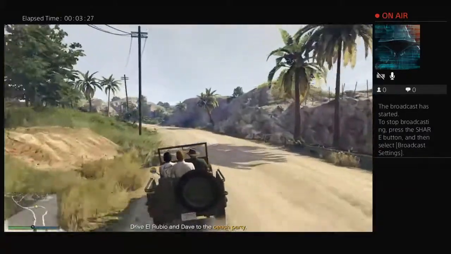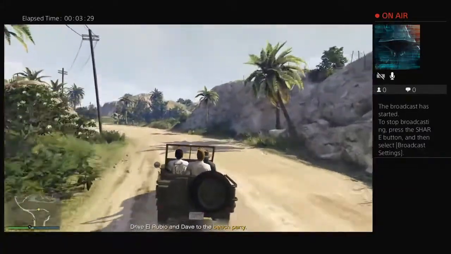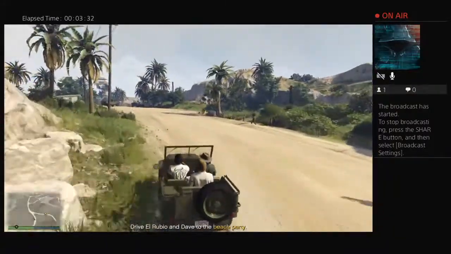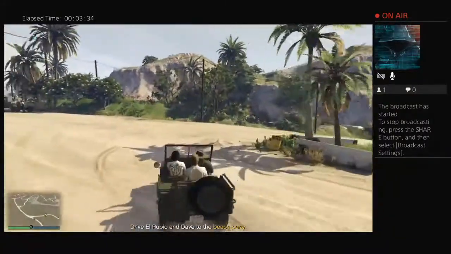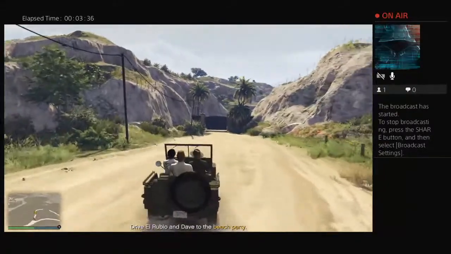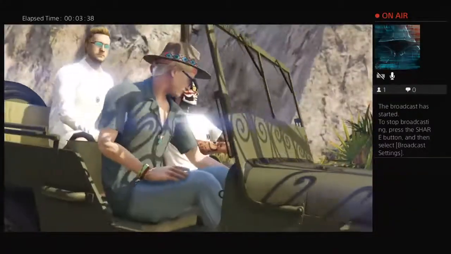So that's 5 hours. So it's saying the temperature at midnight was less on Thursday than on Wednesday. We're here to make sure this party goes off.